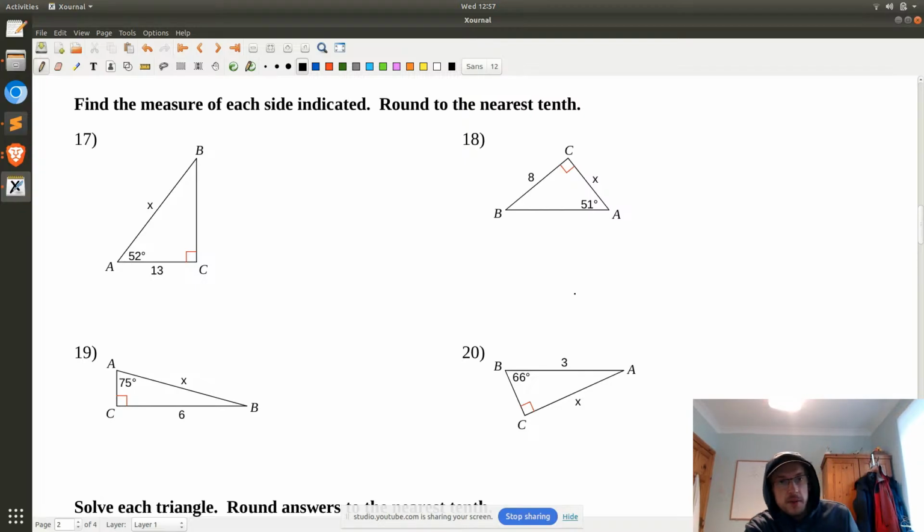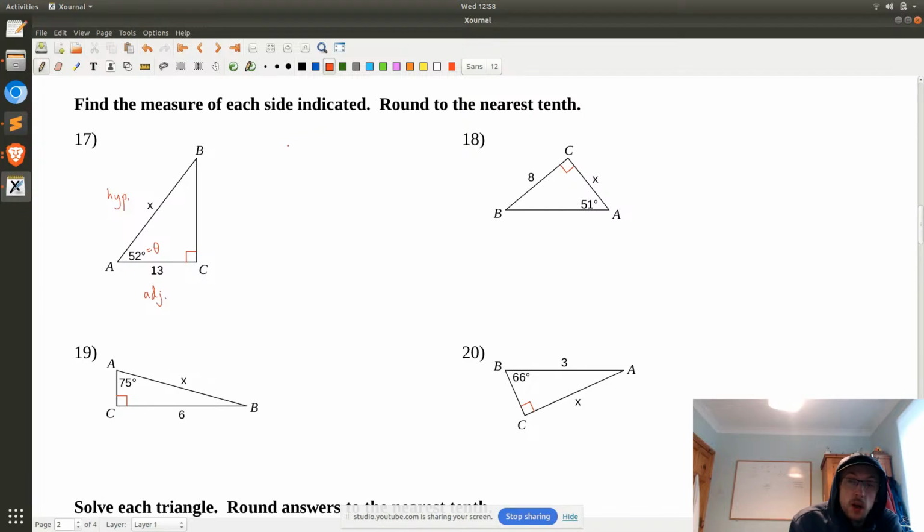Now we have to find the measure of each side indicated, rounding the answer to the nearest tenth. So how to do that? Well, who's involved in this triangle? The hypotenuse is involved, the adjacent side is involved, and the angle theta is involved. So who mentions adjacent, hypotenuse, and theta?